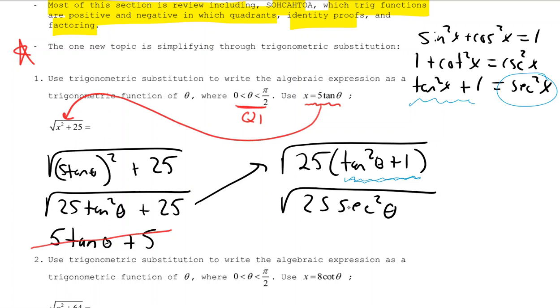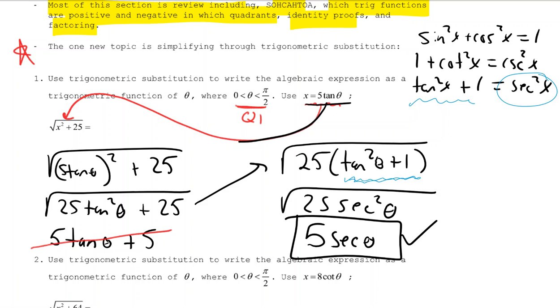And now I can take the square root of the parts, because these are not terms now. They're not being added or subtracted together. The thing times itself that gives you 25 secant squared would be 5 secant. That's the one and only correct answer. So it's called trig substitution because we start by substituting this in.